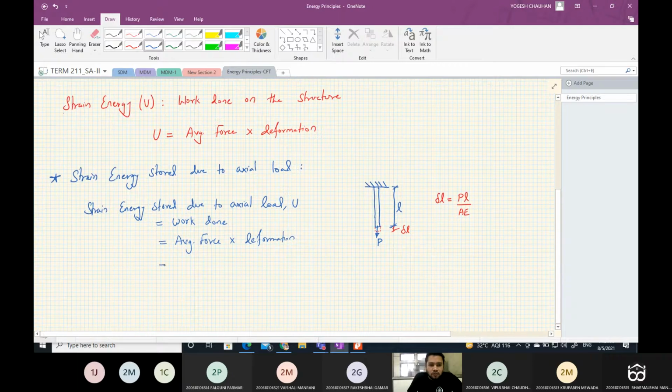So here average force will be 1 by 2 into P, and deformation we have already found, it is PL over AE. So the strain energy stored will be equal to, we can write P square L over 2 AE.